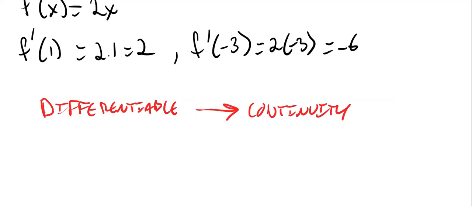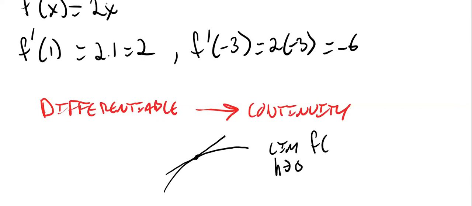So let's just look at what that means. If something is differentiable, that means wherever it's differentiable, we should be able to find the slope of a tangent line. We should find that limit. That limit should be valid. The limit should exist, I should say.